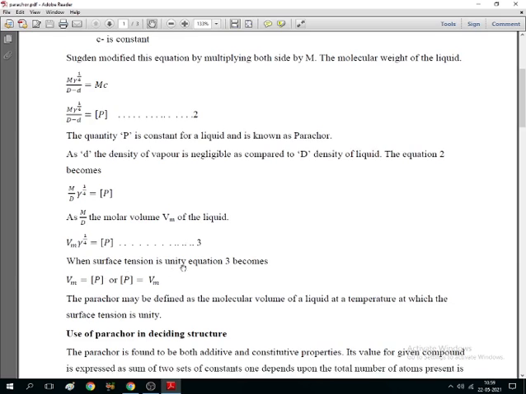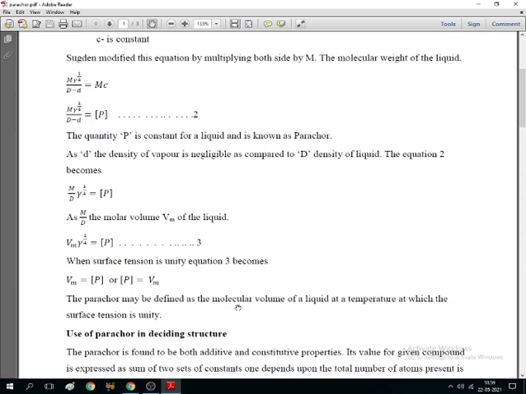When surface tension is unity, equation 3 becomes simple. If surface tension is unity, that means gamma is 1, therefore 1 raised to power 1 by 4 is 1, and we can say that Vm is equal to P, or P is equal to Vm. Here we can define the Parachor. The Parachor may be defined as the molecular volume of a liquid, that means Vm, at a temperature at which surface tension is unity. याचा अर्थ ज्यावेळेस सरफेस टेन्शन 1 असेल त्या टेम्परेचरचं जे काय मोलार व्हॉल्यूम असेल किंवा मॉलिक्युलर व्हॉल्यूम असेल त्या मॉलिक्युलर व्हॉल्यूमला म्हणायचं Parachor. क्लियर?